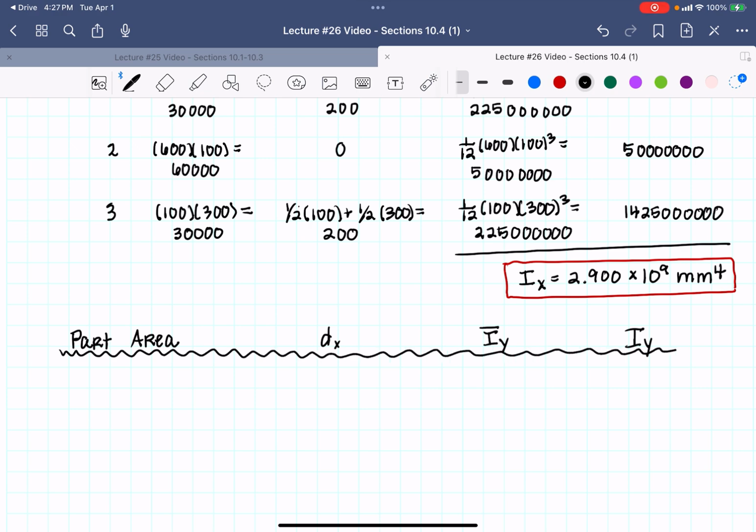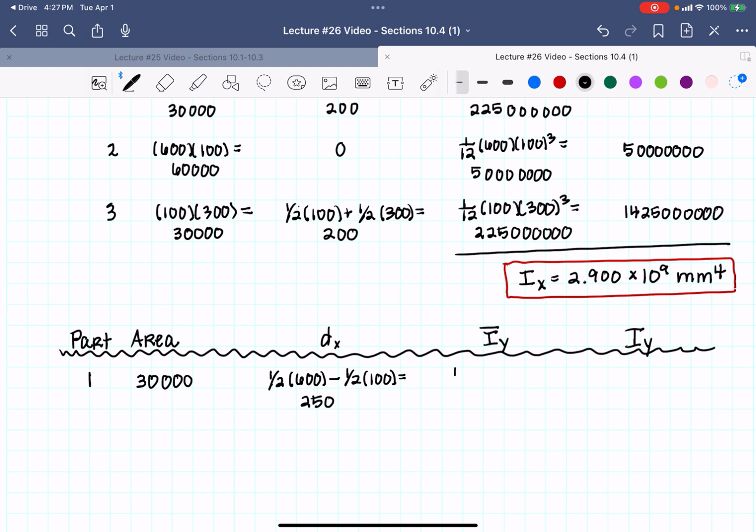Now part 1, my areas are going to be the same, so I'm going to use the exact same numbers I used up above. I'm not going to recalculate the areas. So I know part number 1 is 30,000. And its distance in the x direction, you're going to have half of the 600 minus half of the 100, which equals 250.